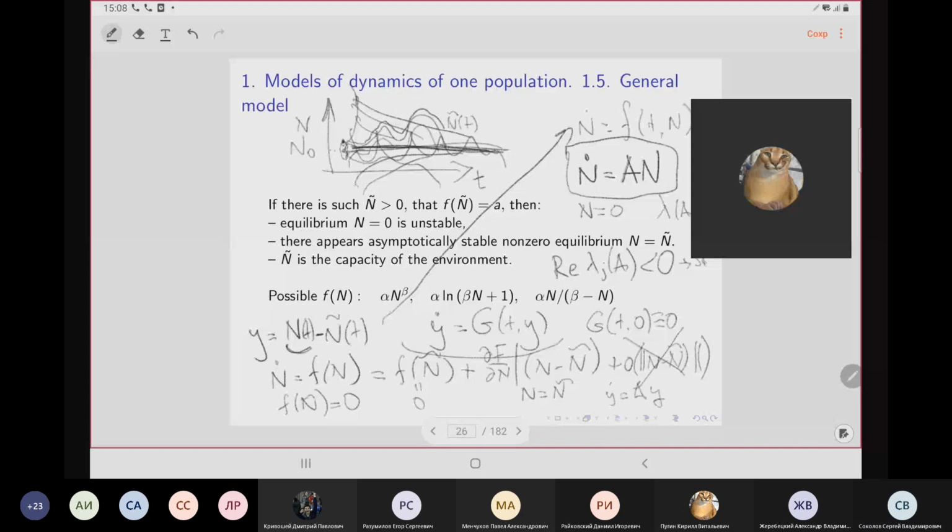So the eigenvalues of this matrix give us the answer: will the equilibrium n tilde be stable or not?